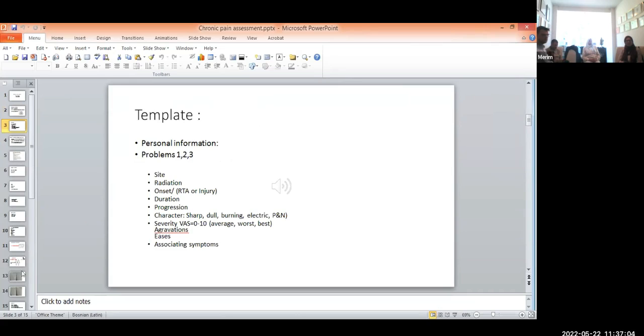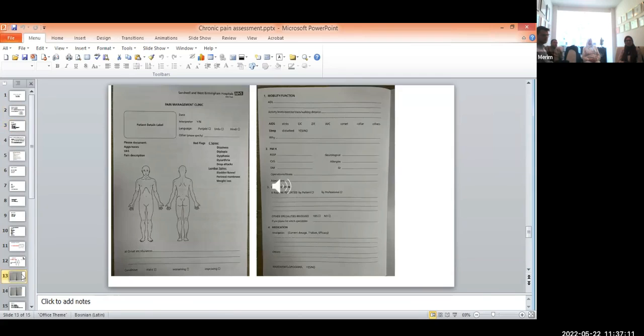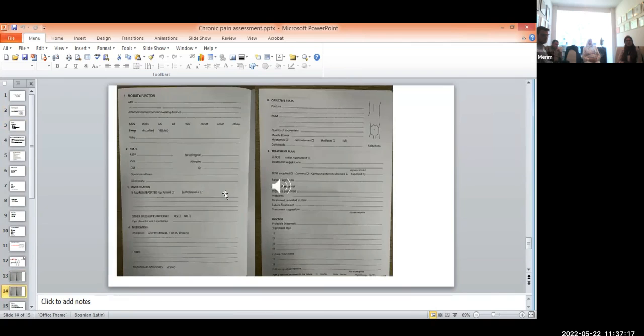I'm going to show you the template at the beginning, then I show it to you again. Here is the template. There are 4 pages, like this and like that. So the 4 pages will be filled by you or by your assistant for every patient. So we are going to go through these one by one.